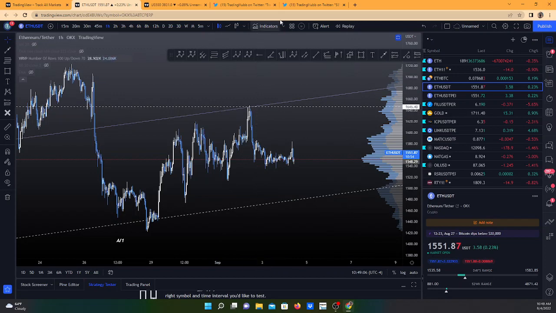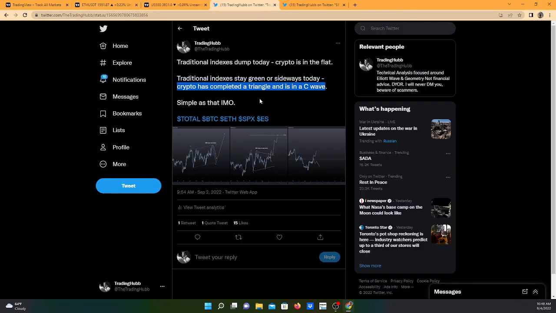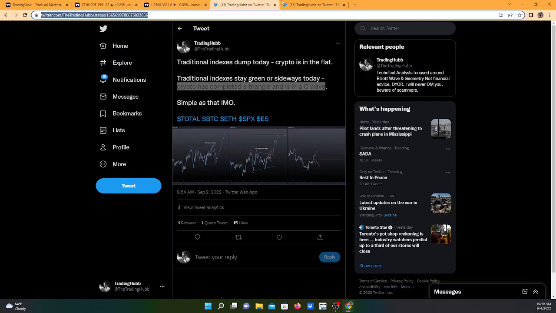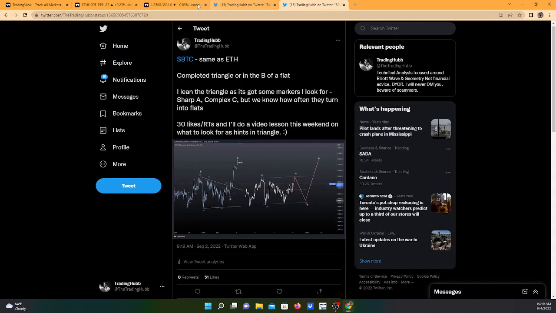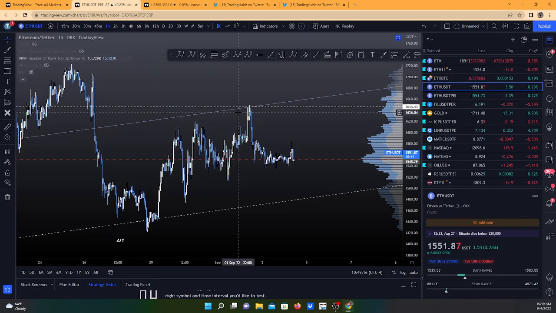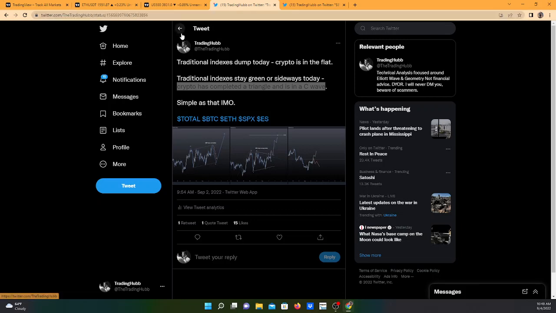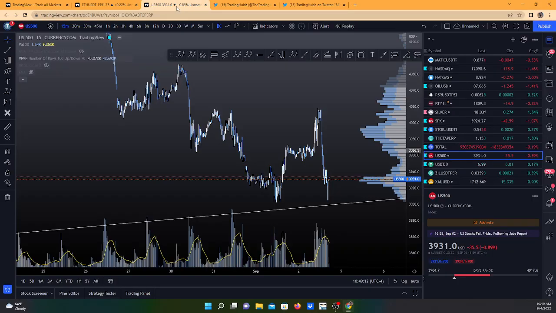So the flat count. If you're projecting a triangle, you should always kind of have in the back of your mind, how could this turn into a flat? So when we were right here, can I find it? I think it was back. Yeah, I'm not going to go in.